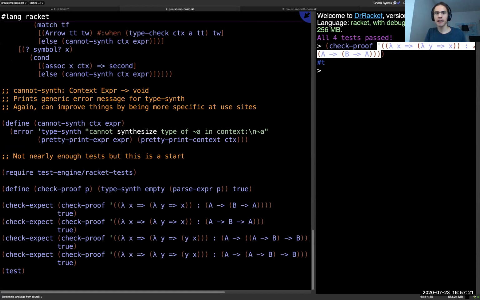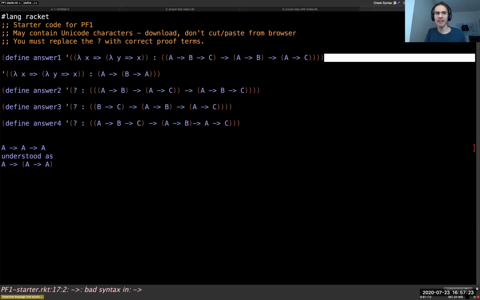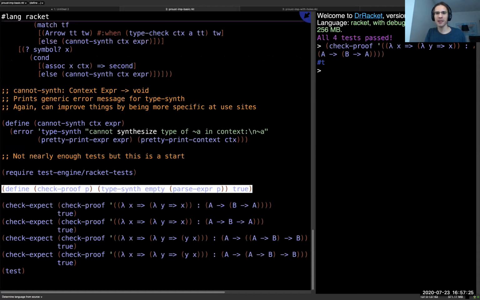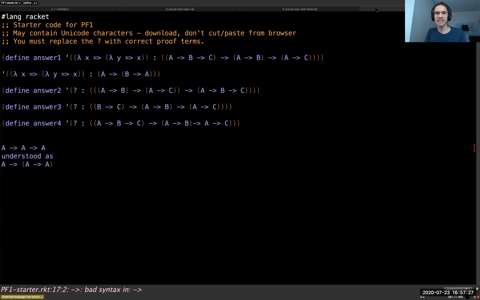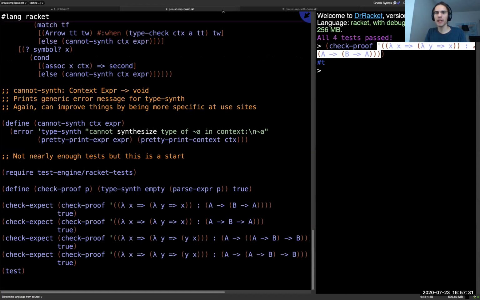In fact, copy this entire line into this file. Since it's a define statement, you can write answer 1 in place of this, and ask it to check the proof. If it returns true, then that is the criterion by which your homework will be graded as correct. It's fully deterministic from these input files.